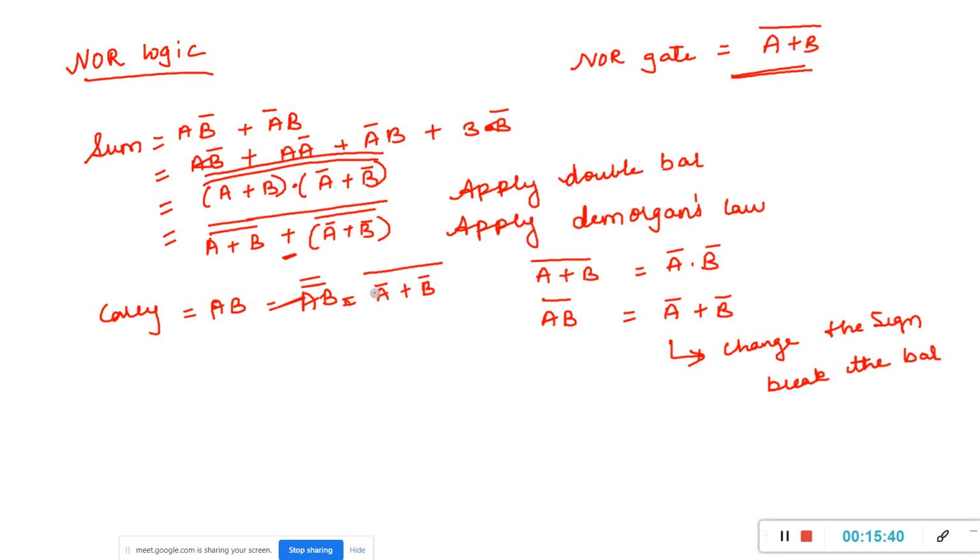So now draw the logic network for this, for the sum and for the carry expression. I will just draw it, just check it out. You should get that expression at the end.